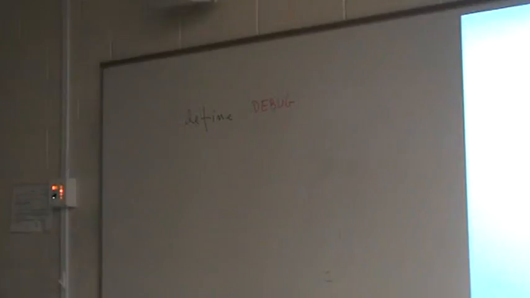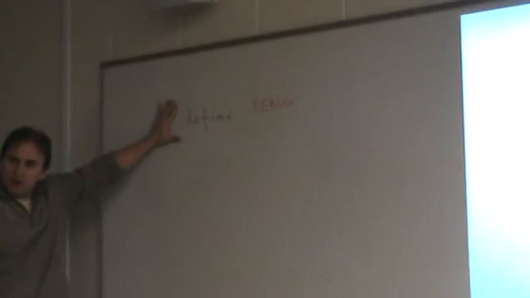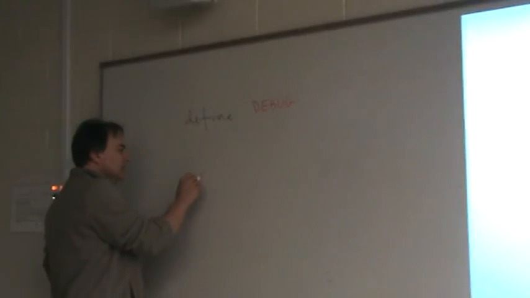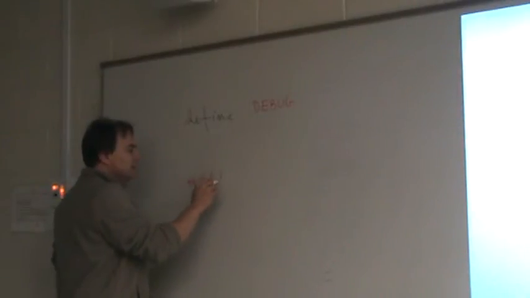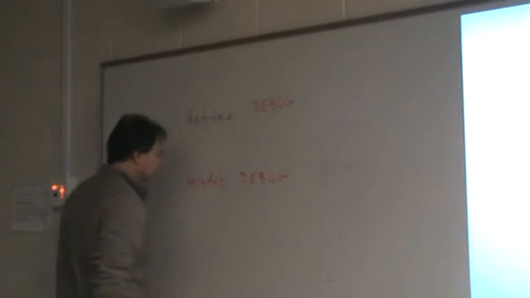Do you notice that my max was capital letters? Do you think it's a coincidence? No, it's a convention. So your pound define constants should be capital letters. If you have more than one word, underscore, that's the convention in C and C++. So I'll pound define DEBUG, and then I'm going to have pound ifdef DEBUG.